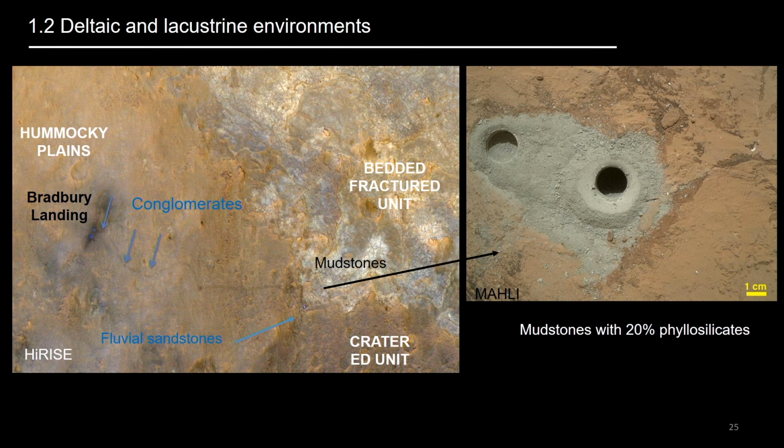Not from orbital data, it was not possible, but by the rover, looking at the location, we were able to see rocks which are really devoid of any grains. No sand grains, no pebbles, and the investigation from the MAHLI instrument, which provides the highest resolved images, it's possible to see grains starting at 60, 70 micrometers.